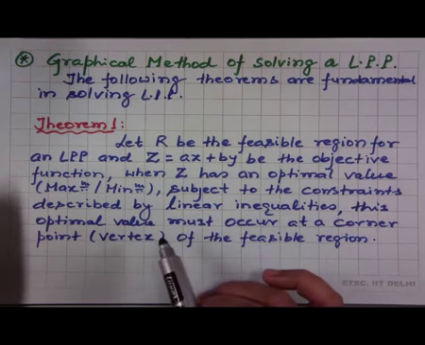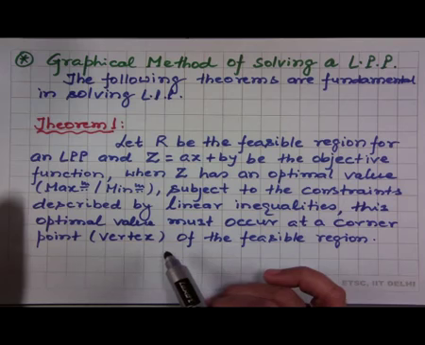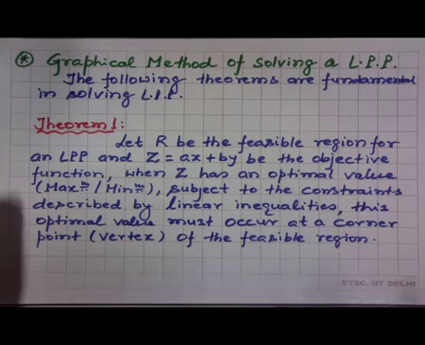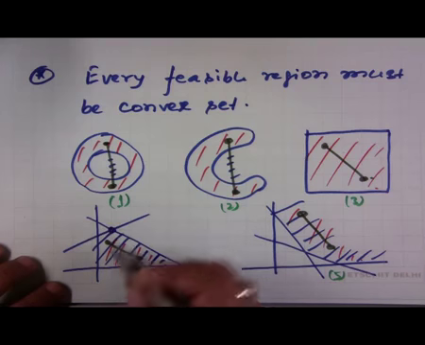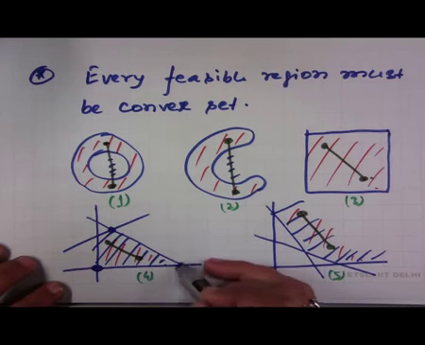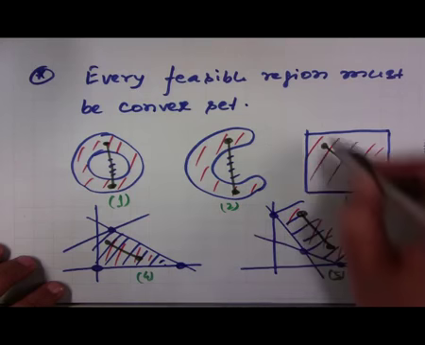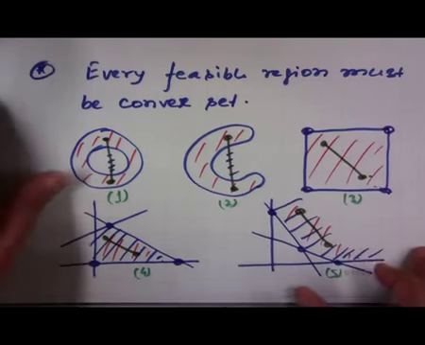When Z has an optimal value, that is maximum or minimum, subject to the constraints described by linear inequalities, this optimal value must occur at a corner point of the feasible region. So, in this region, these are corner points, meaning vertices of the feasible region are called corner points.